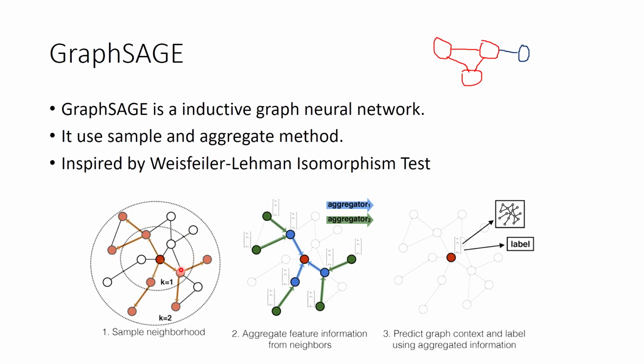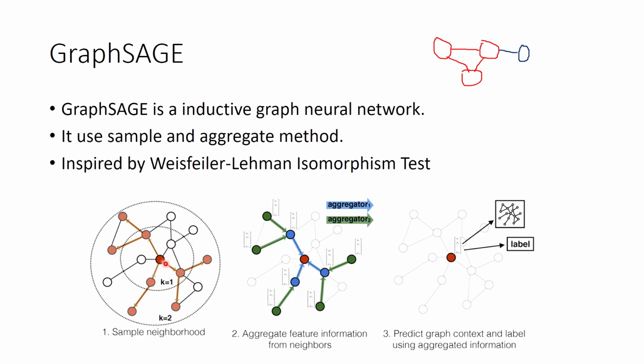So here we see how. Here we will see path halves and path samples. In this figure, k equal to 1 means the red node's first neighborhood, like these five nodes.